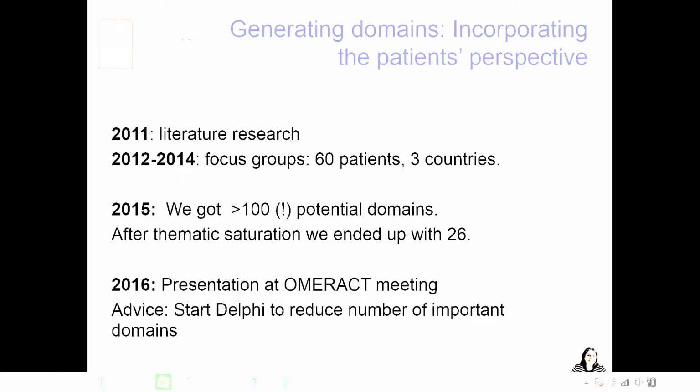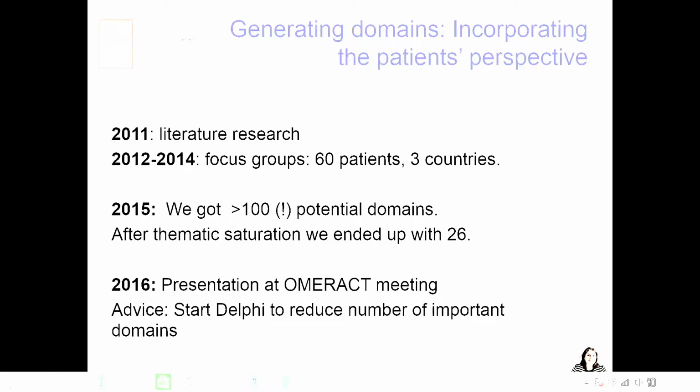By thematic saturation, I mean that we looked at, for instance, overlapping domains, and by discussing certain domains, you hear the same things again, and at a certain point no new data or themes emerge, and that's when we stopped, and we had 26 potential domains.